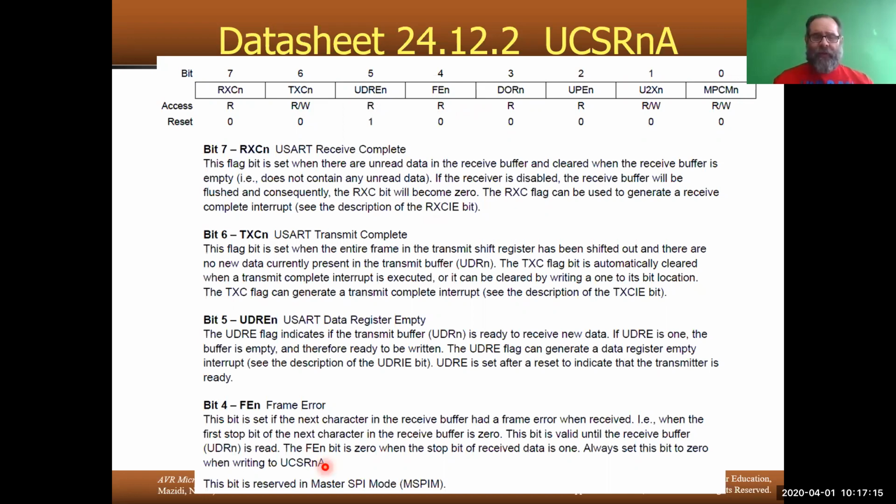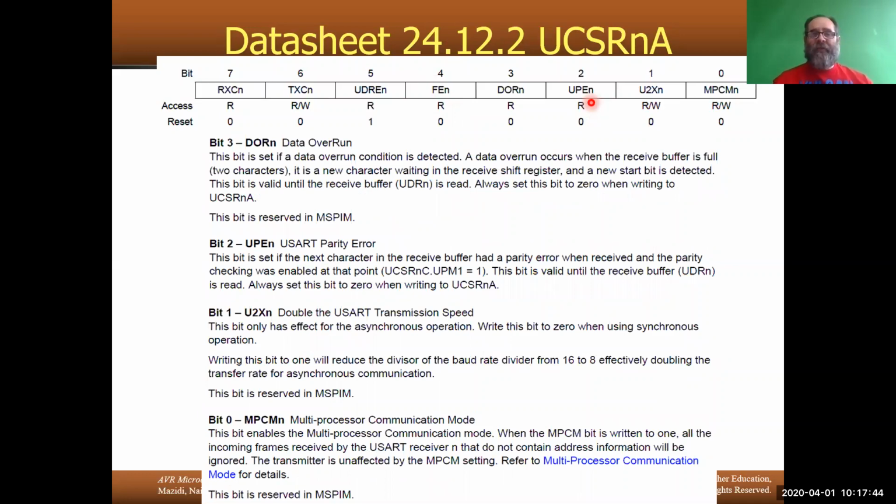Yeah, basically if it doesn't get a stop bit when it thinks it should, then you have a framing error. Data overrun error says you haven't cleared out the receive buffer prior to another character being loaded there. This is a parity error flag. If you're using parity and there's a parity error, that bit gets set.